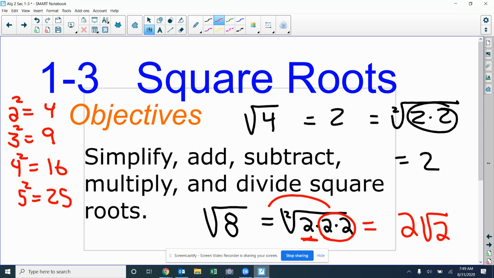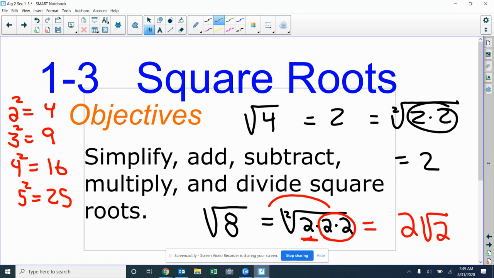The next one, of course, would be 36. Then 7 times 7, 49. 8 times 8, 64. So you can look for these perfect squares underneath your radical, and that can help you also.